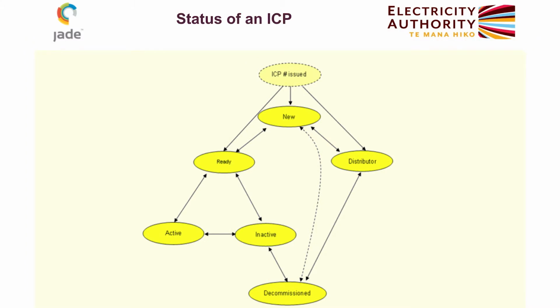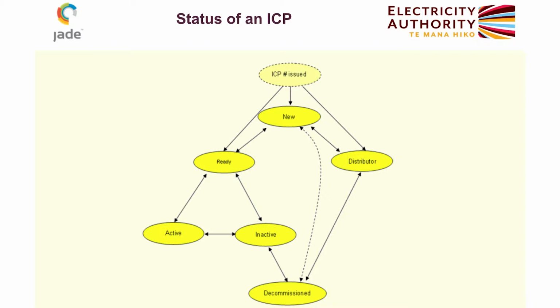And not all the information has been provided at that stage, so the proposed trader can't step in and start entering their information. When you supply all of the information that the distributor has to supply, then the ICP moves into a ready state. So it's ready for the trader to take control.